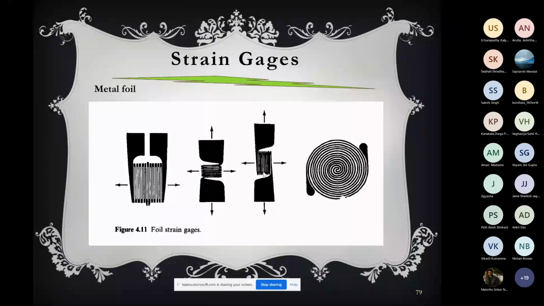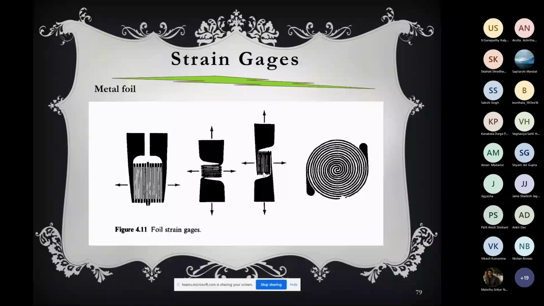So in addition to a single strain gauge, a combination of gauges is required to measure the strain in different directions on a surface or volume. Those combinations of gauges are called the Rosette.